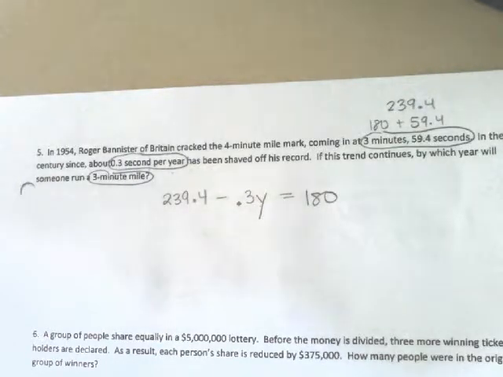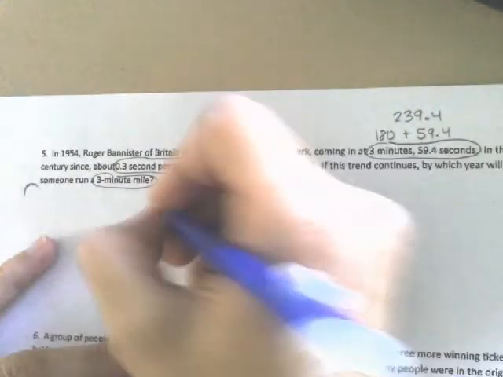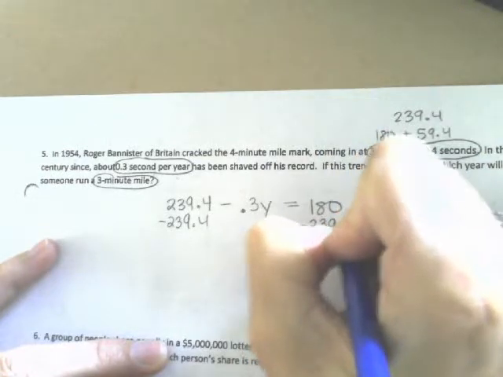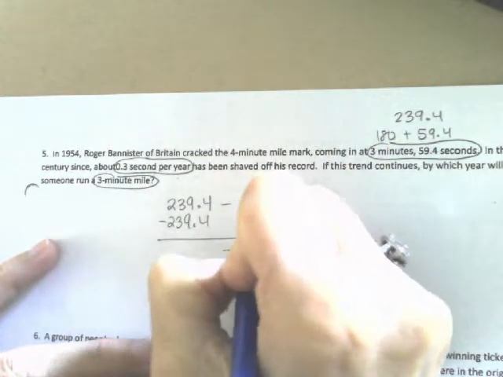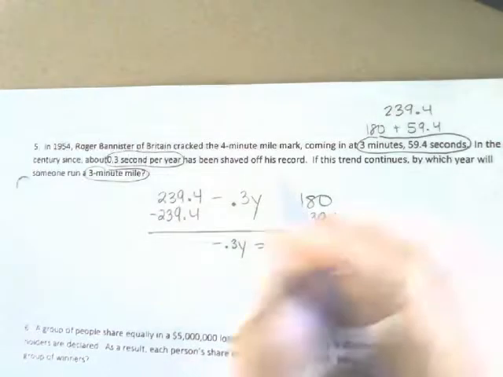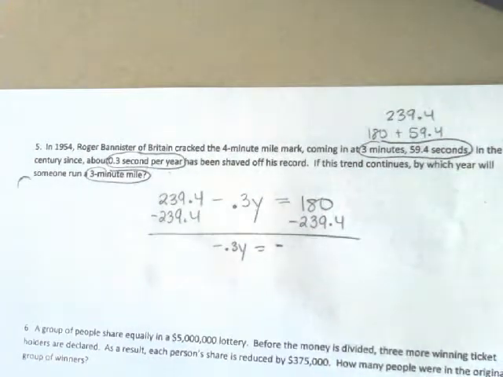So then we're just going to solve this. So subtract 239.4. I know this is going to be a negative number. And then I really just need the difference between 180 and 239.4.